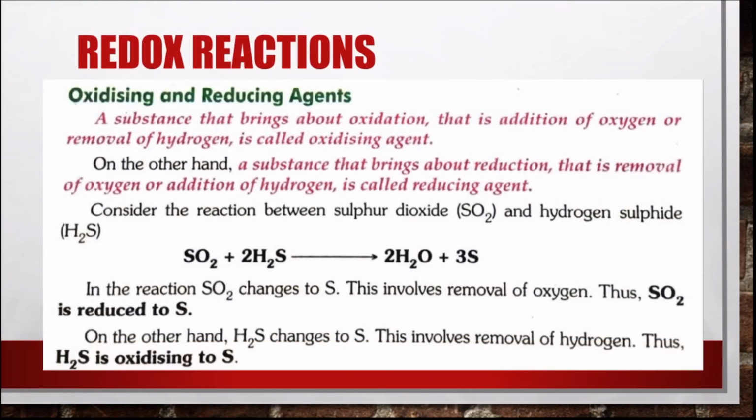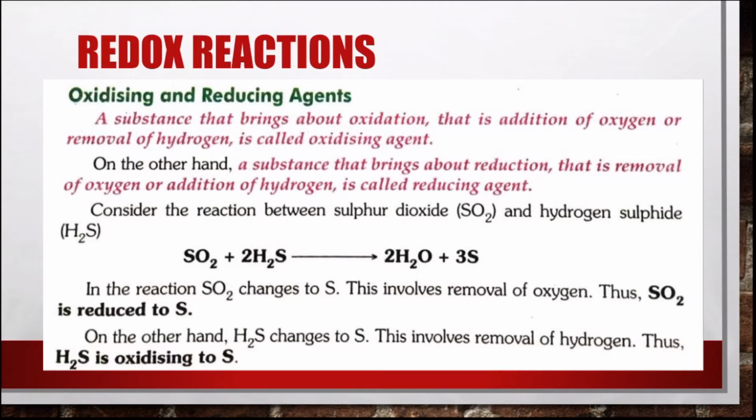Now let's see once again what oxidizing and reducing agents are. A substance that brings about oxidation, that is addition of oxygen or removal of hydrogen, is called an oxidizing agent. On the other hand, a substance that brings about reduction, that is removal of oxygen or addition of hydrogen, is called a reducing agent.